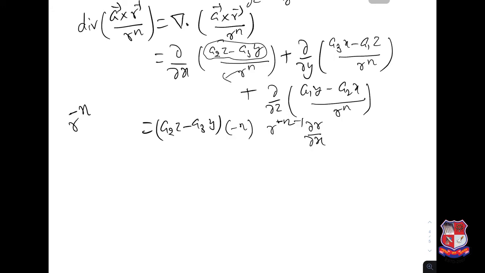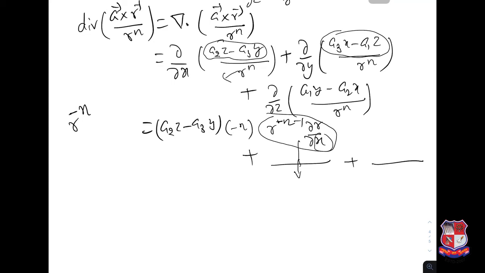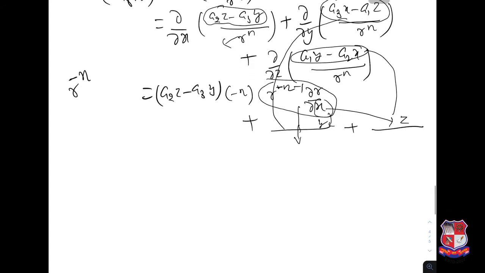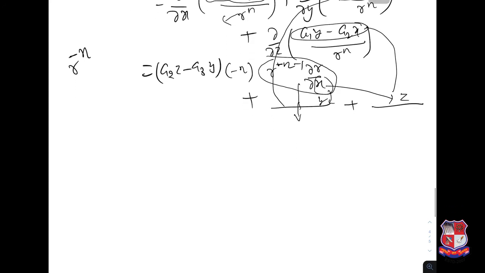Now I leave it to you to write the second term and third term the same way. It will be there for y here, and this part is constant, and instead of x there is y. Similarly for z, this is constant, and here that will be z. So that is the way, you complete this.